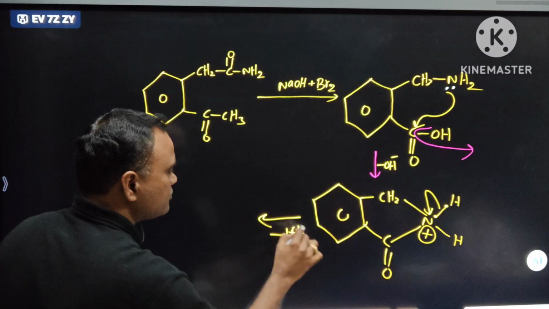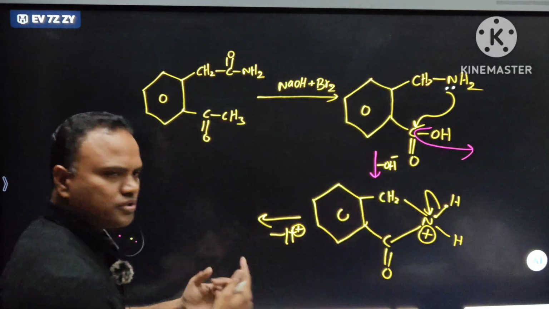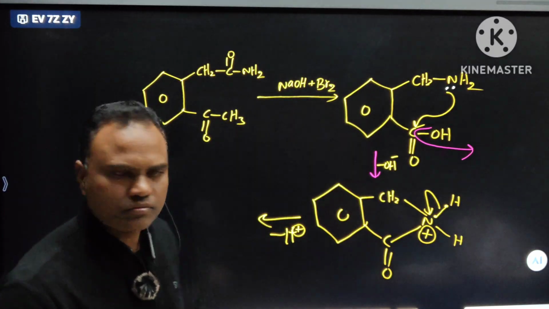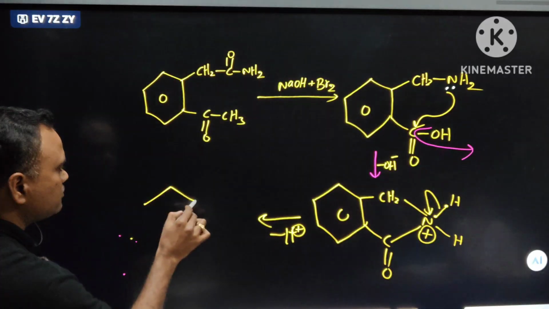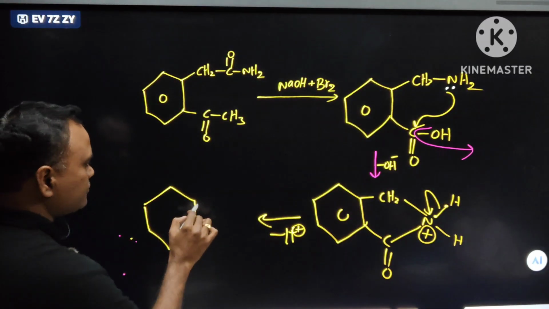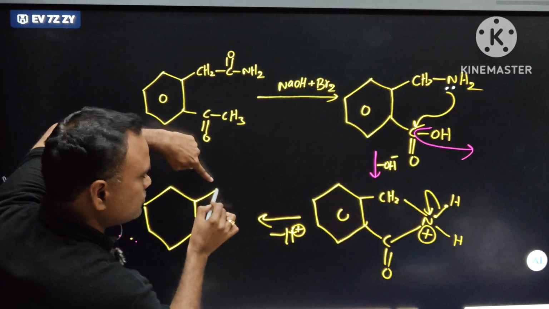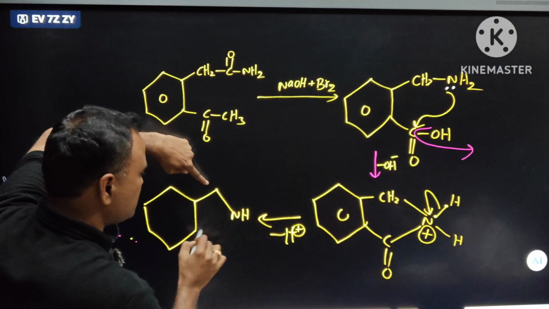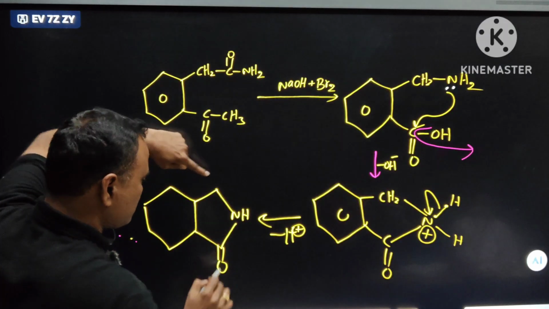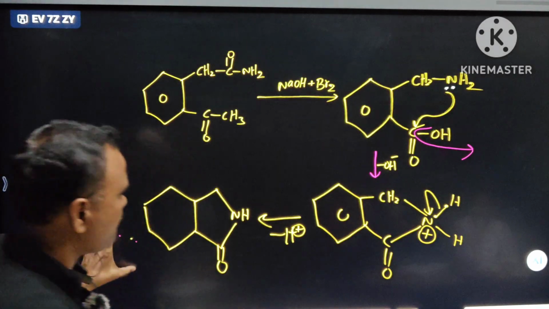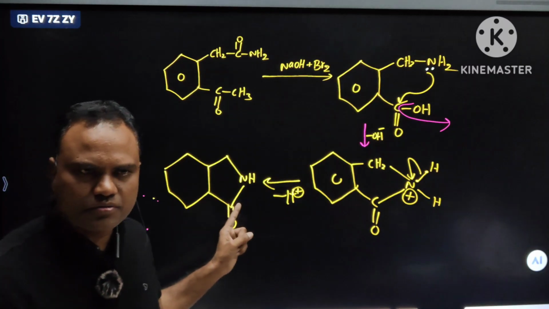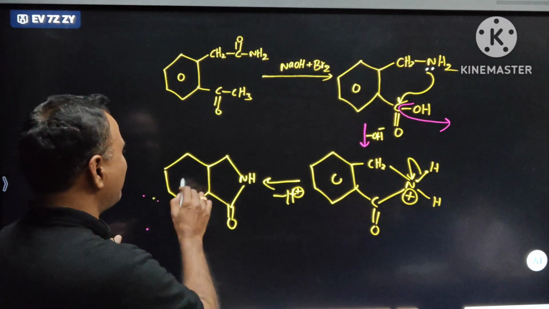Minus H plus, OH minus plus H plus gives H2O. Here we will get CH2NH, which I wrote in the bond line representation. Okay.